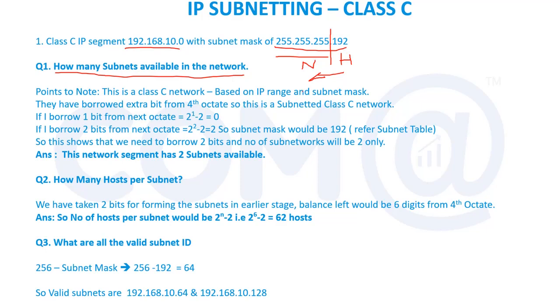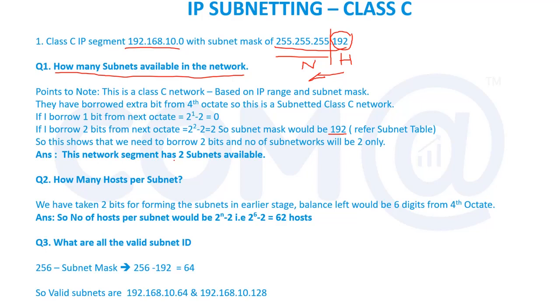Now I'm trying to borrow 1 bit. With 2 bits, I'm getting 192. Whatever subnet mask I have, I'm getting that number here. So 192, and with this we have to close this number. We cannot proceed further. So what is my conclusion? This network segment has 2 subnets available.